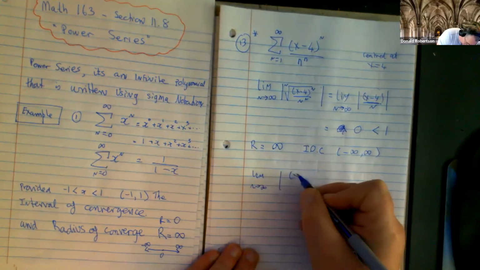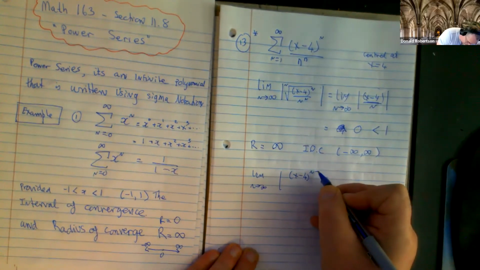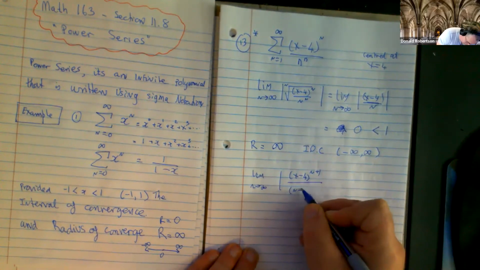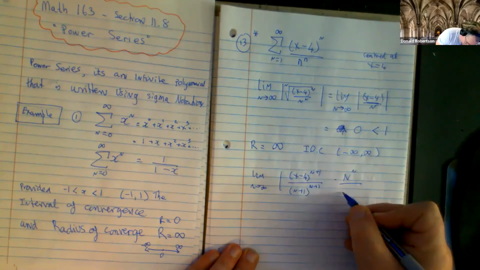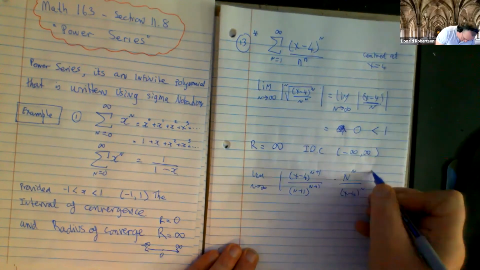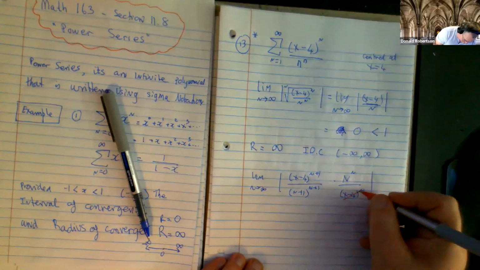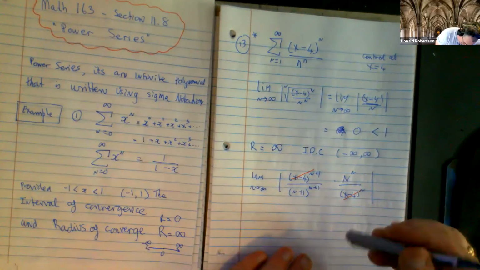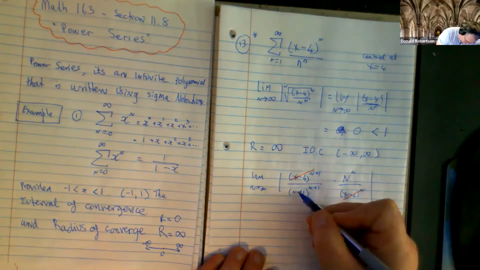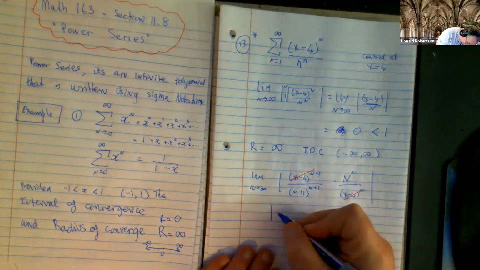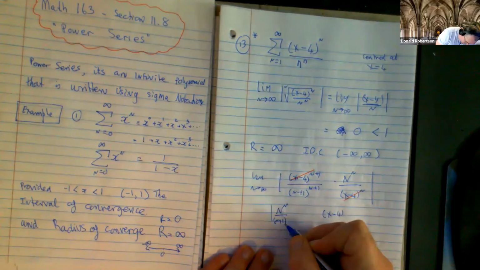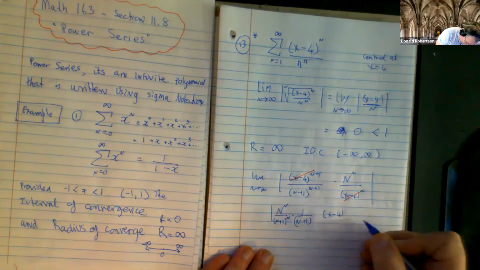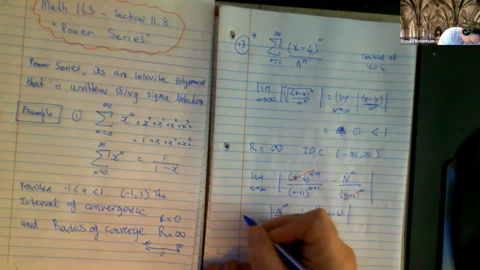It would be x minus 4 to the n plus 1 over n plus 1 to the power of n plus 1. Upside down, you've got n to the n over x minus 4 to the n. If you cancel these guys, you get your x minus 4. If you take these two guys and you rewrite them as n to the n over n plus 1 to the n with an extra n plus 1 on the bottom, you get that.